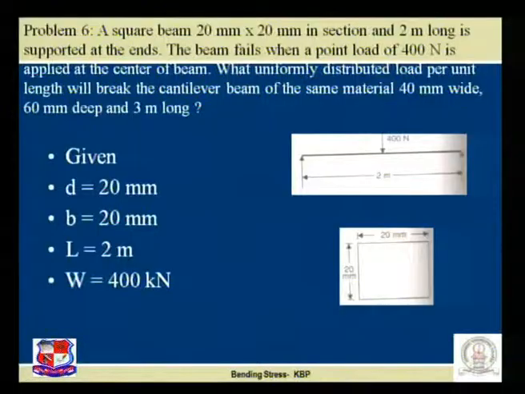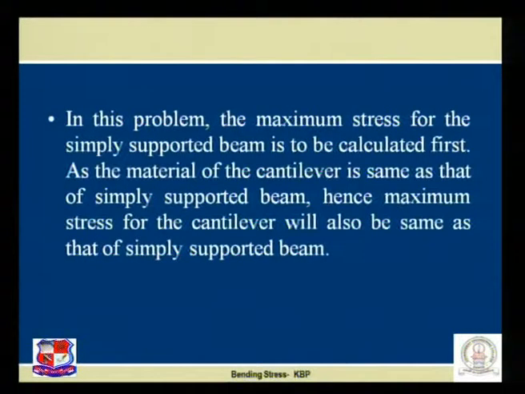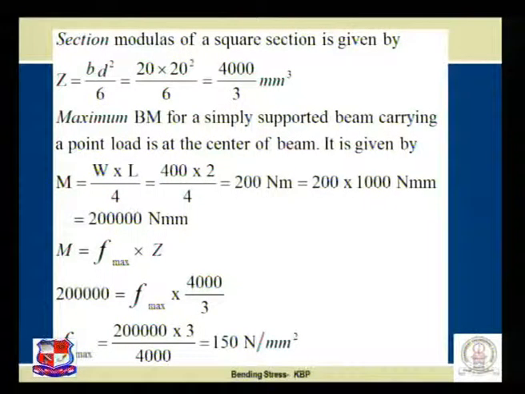Come to this particular PPT. In this particular problem, the maximum stress for the simply supported beam is to be calculated first, as the material of the cantilever is the same as that of the simply supported beam. Hence, maximum stress for the cantilever will also be the same as that of the simply supported beam. So, section modulus Z is BD square by 6, we know the answer. M is nothing but WL by 4.